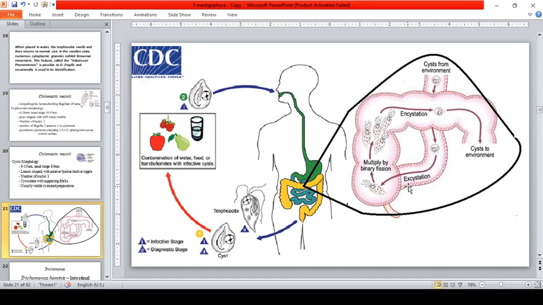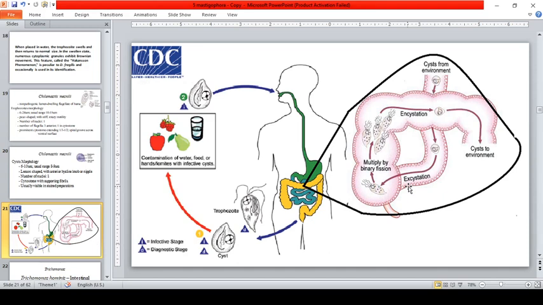Chylomastix mesnili, again, is considered non-pathogenic. The presence of cyst and trophozoite in the stool specimen can be an indicator of fecal contamination of food or water source, and thus it does not rule out other parasitic infection.